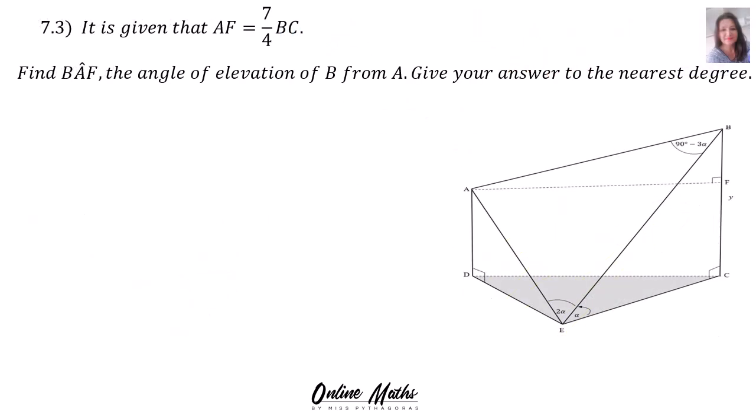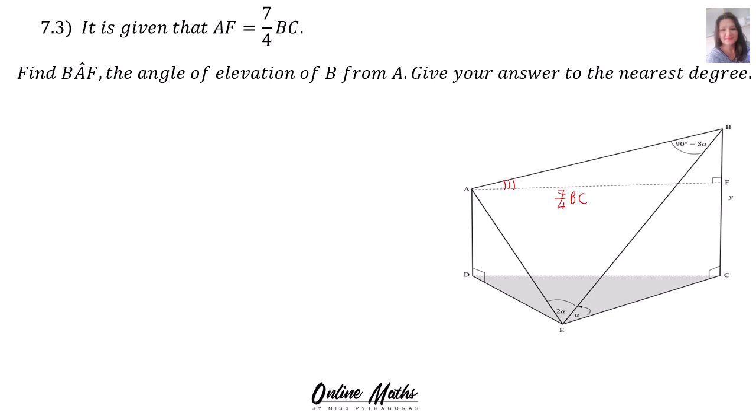7.3. It is given that AF is equal to 7 over 4 BC. So AF, let's fill it in, is 7 over 4 BC. Find angle BAF, which is this tiny little angle, the angle of elevation of B from A. Give your answer to the nearest degree.